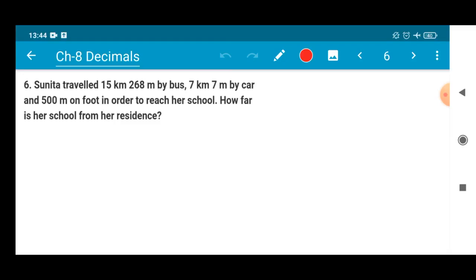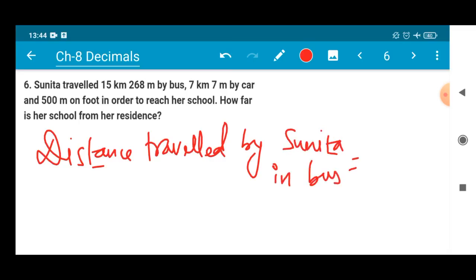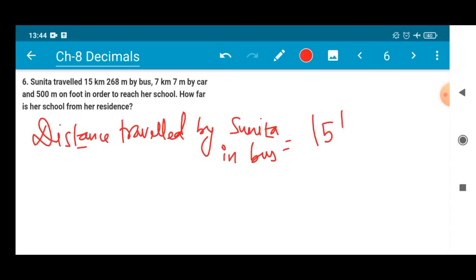Okay, so let us write the distance traveled by Sunita in bus is equal to 15 kilometer 268 meter, right? Okay, so now similarly she also traveled through car.